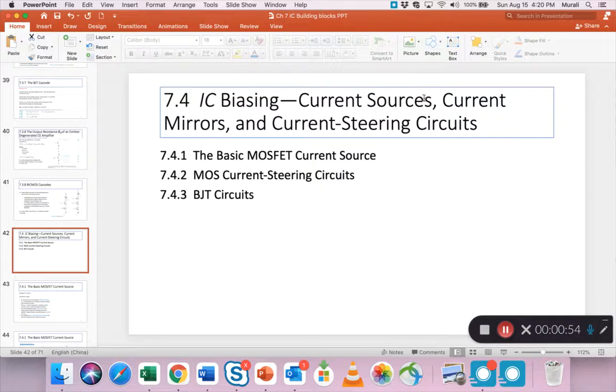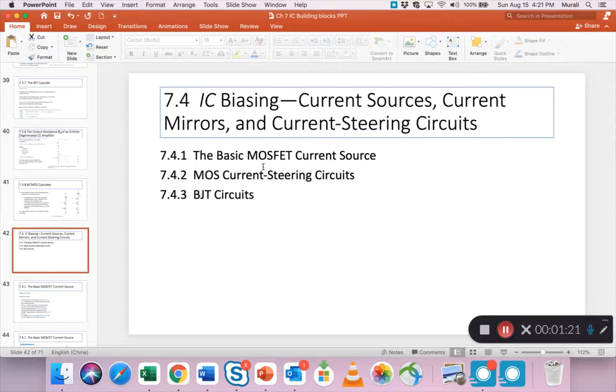We've already used some of these ideas, but here we really try to understand what exactly is a current source, what are current mirrors and current steering circuits. Okay, so that's 7.4. So within 7.4 we have 7.4.1, which is the basic MOSFET current source, MOSFET current steering circuits, and this includes current mirrors also.